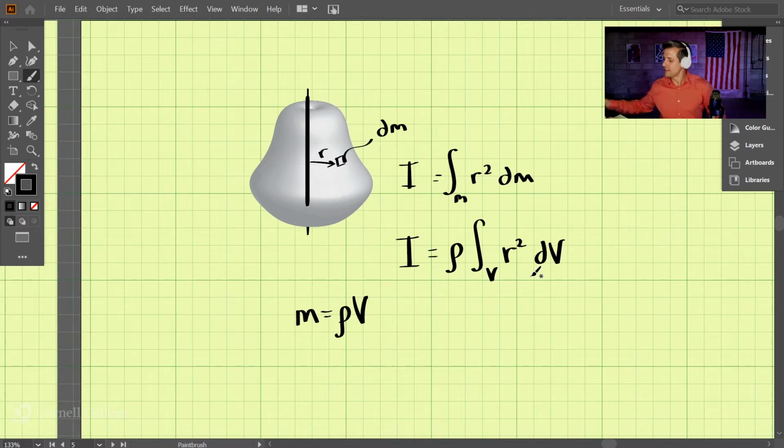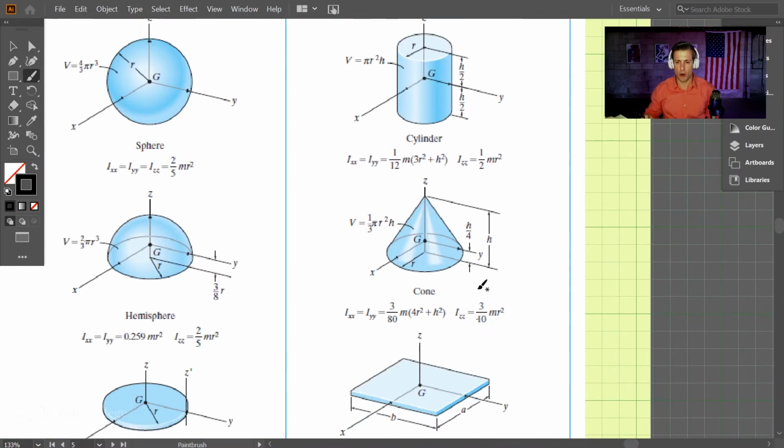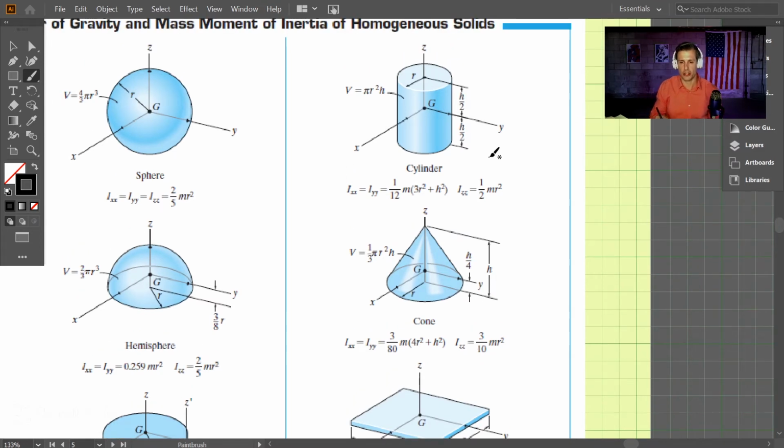But in this class, we'll mostly be looking up values in a table. I have included that table here, and let's take a look at that. These are the mass moments of inertia for different objects.